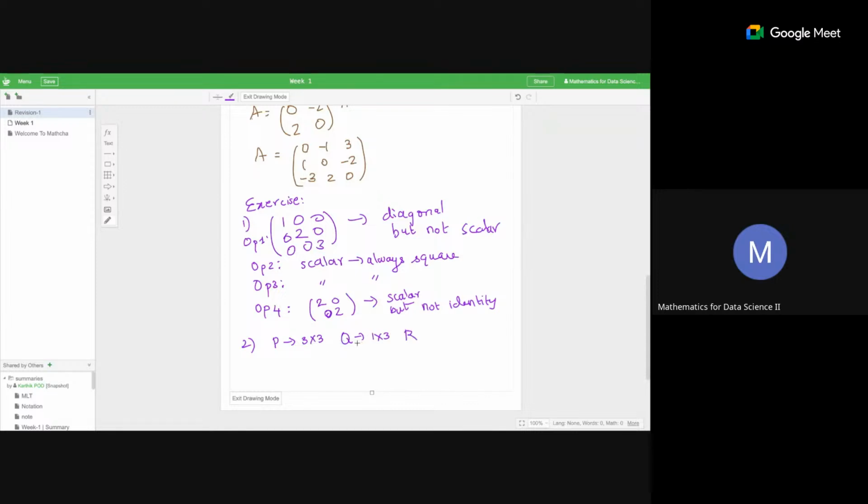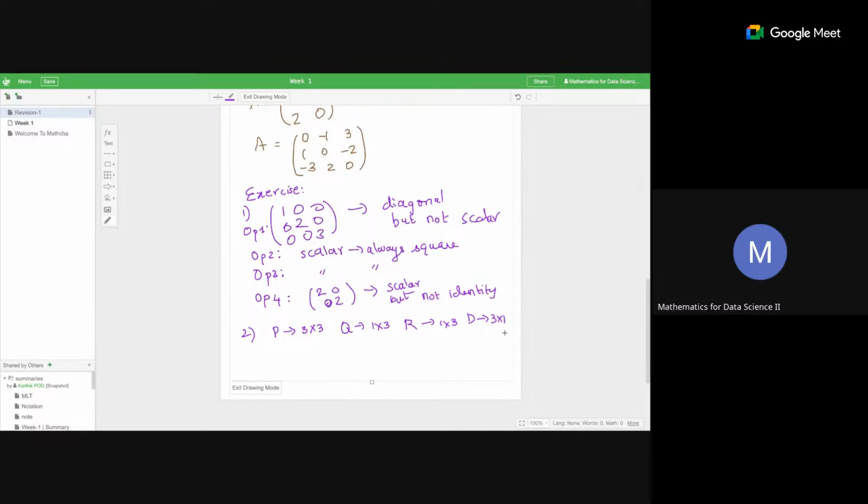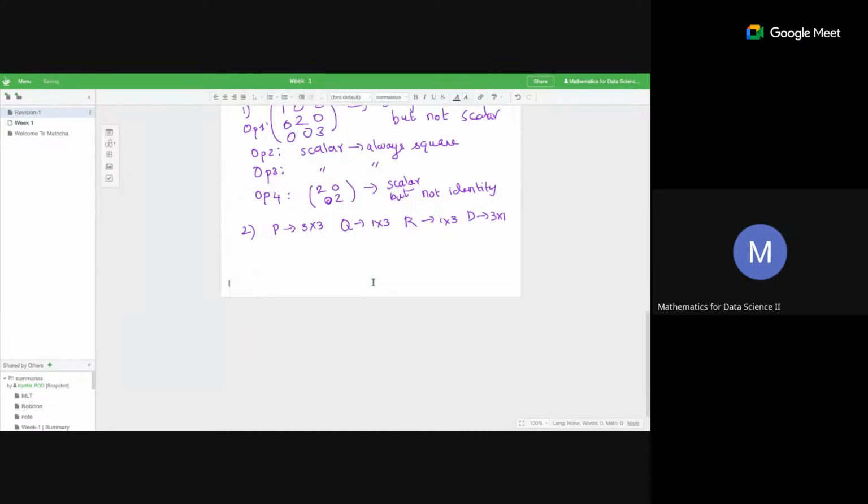P is a 3x3 matrix. Q is a 1x3 matrix. If you have the PDF of the previous session, you can keep it on the side. Otherwise, no issues. I'm going to write this question in short. So R is again a 1x3 matrix, and D is a 3x1 matrix. So these are the different sizes of the matrices you have.